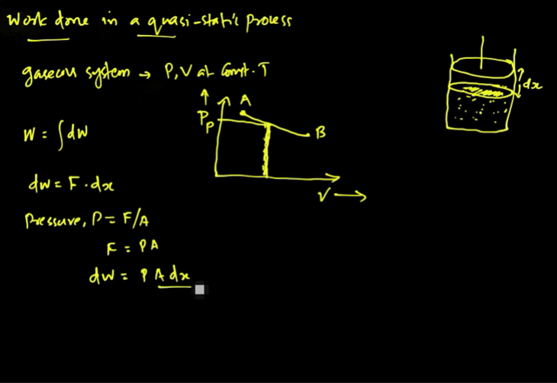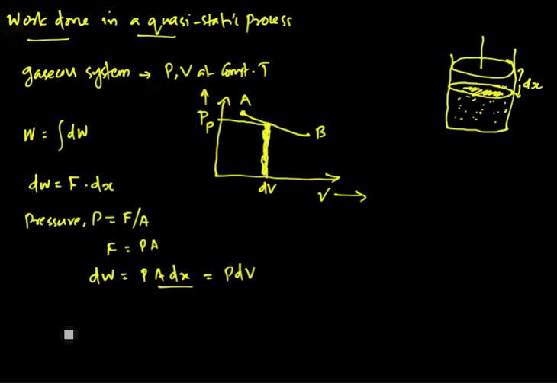But this quantity A into dx, the area of cross section times the change in the position of the piston, will actually represent the small volume dV. So this can be expressed like this, P into dV.